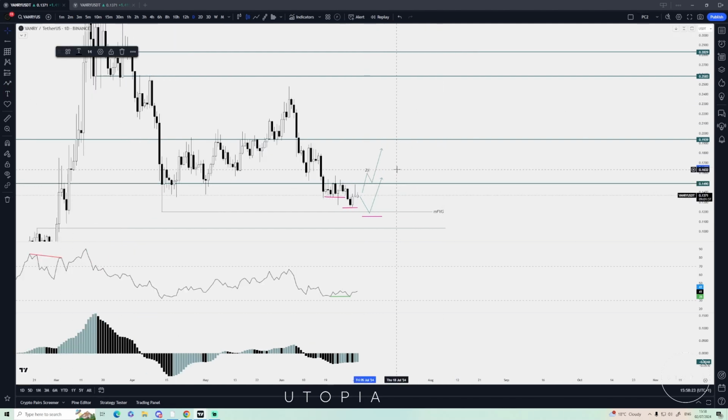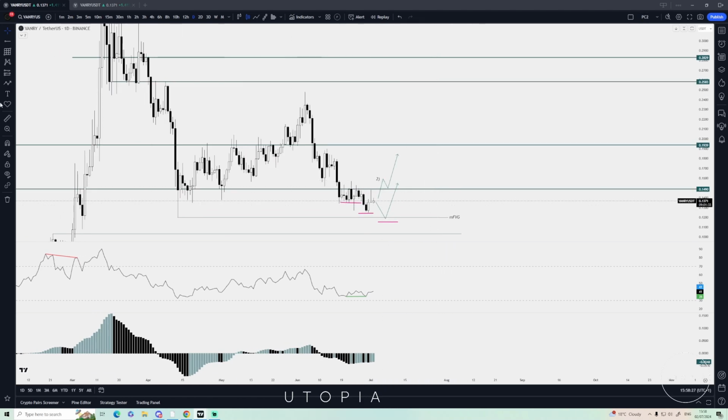That would be option 2. Break above 0.15, and what you have then is the deviation under this monthly and daily higher time frame support. You've got the deviation and the reclaim, and then we look for a long towards the opposing side of the range.